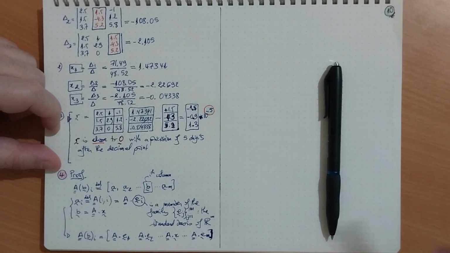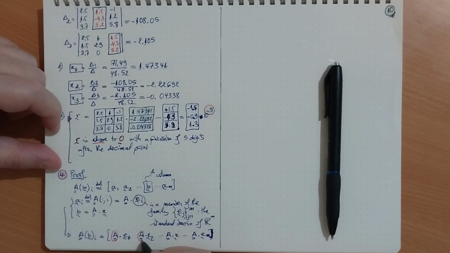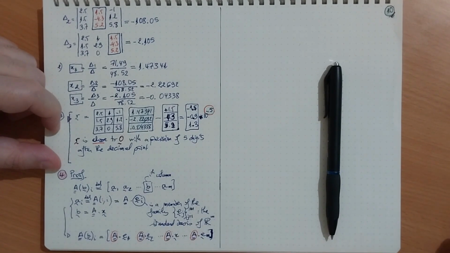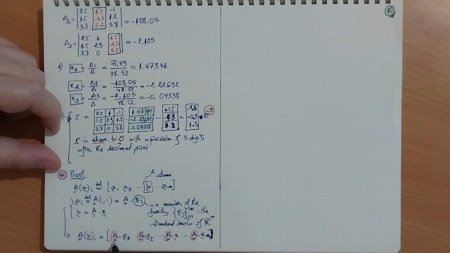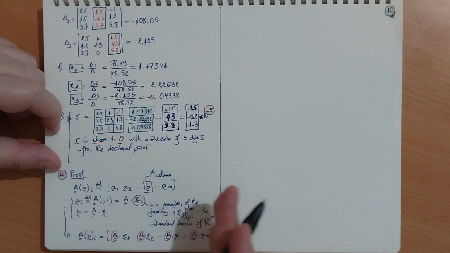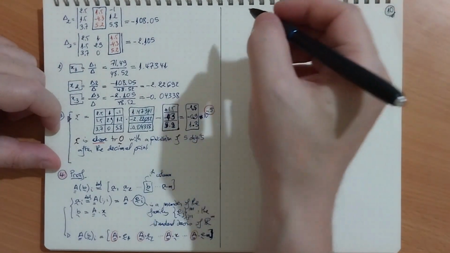And remember here, the inner product. Here we have the same matrix A, and we dot it with different vectors.